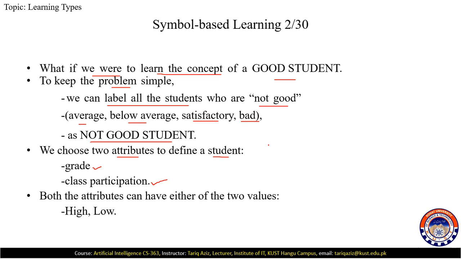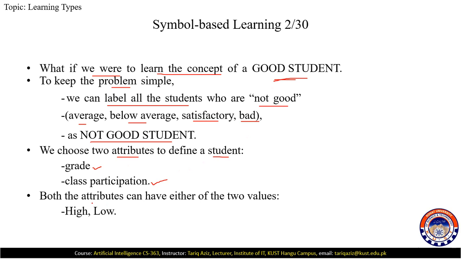We want to teach our machine, we want the machine to be capable of learning. So don't confuse yourself: by we, I mean the machine, our learner. Here the machine will use two features, the grade and class participation, and based on these features, the machine will try to differentiate whether a student is a good student or not.